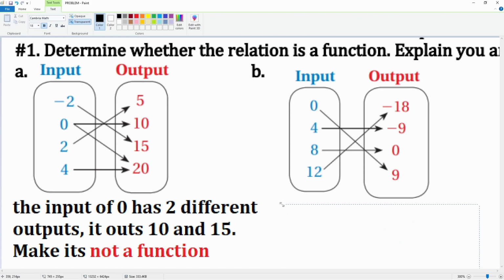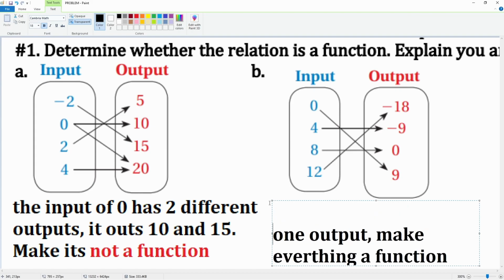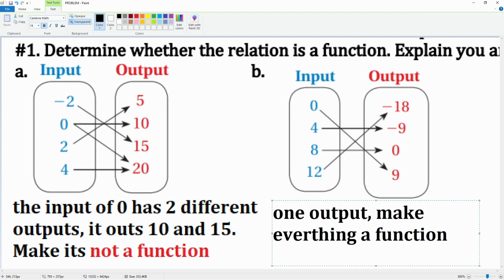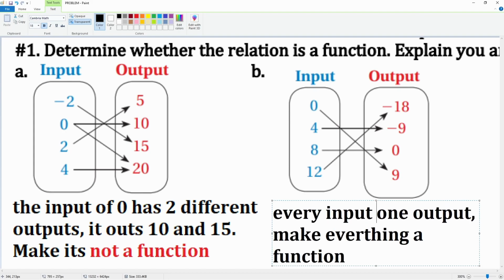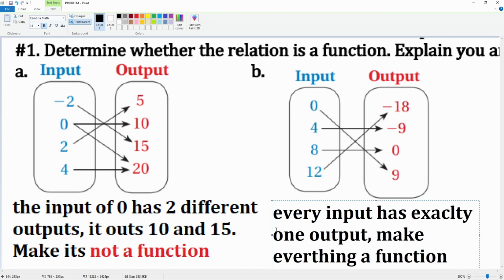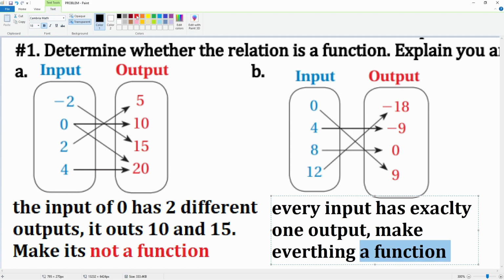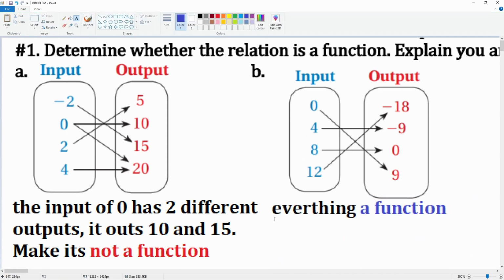Every input has exactly one output, making everything a function. So this is a function here.